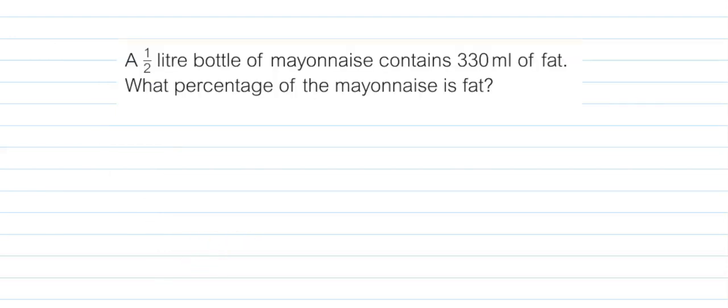So question is, a half liter bottle of mayonnaise contains 330 ml of fat. So how much is fat there? 330, and it is half liter. So first of all, liter should be converted into milliliter. So how many milliliters in a liter? 1000.